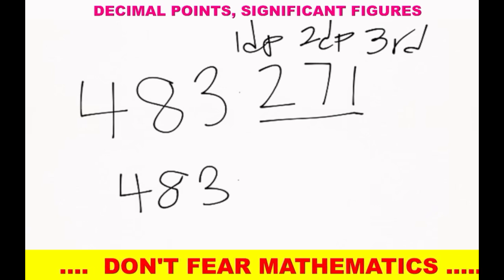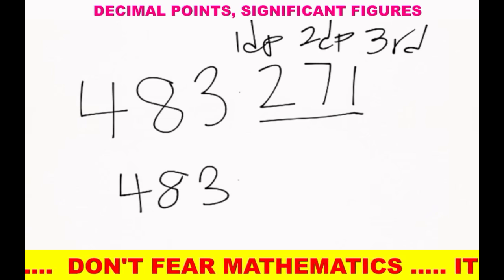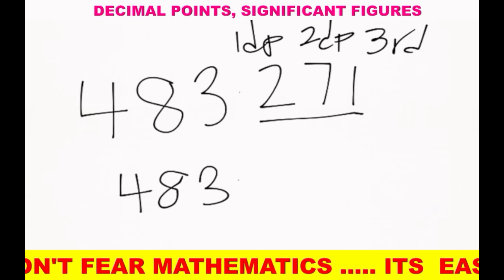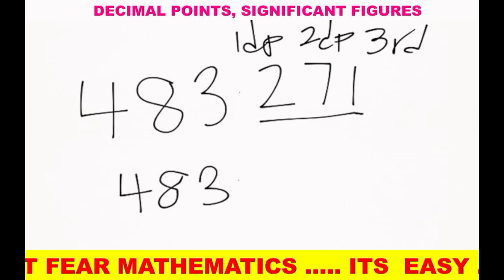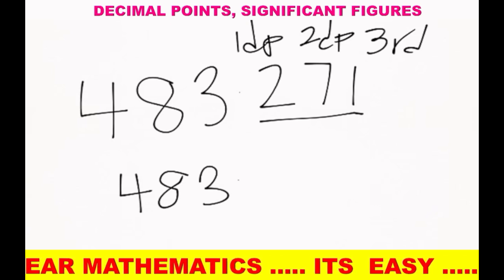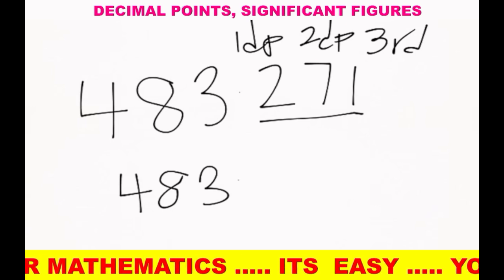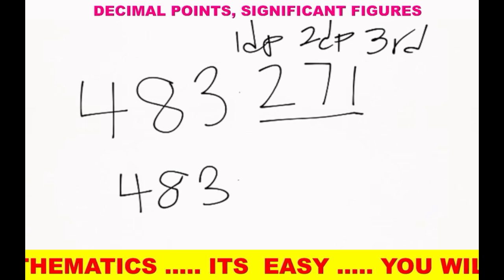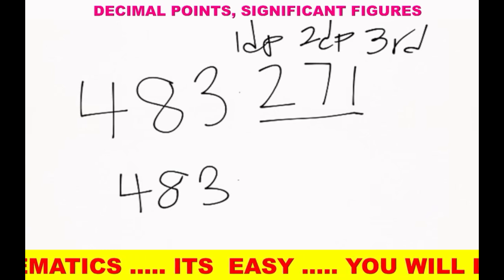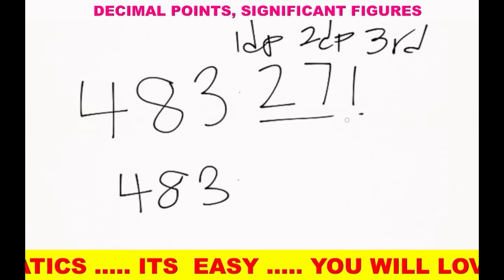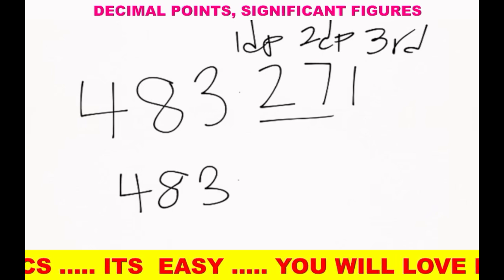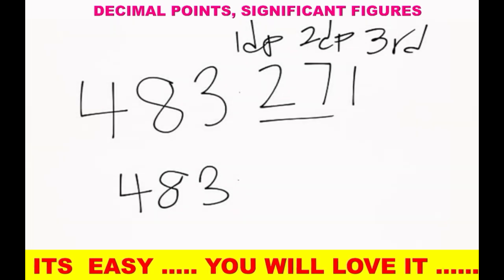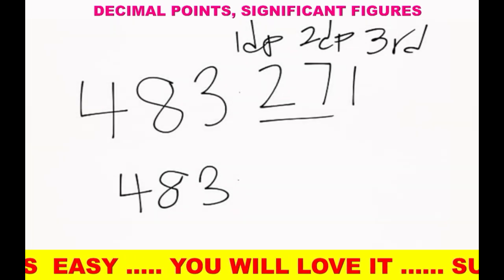After you bring your point, let's count. There are 3 numbers after the point. So how can we make it become 2? That means we have to consider the first 2 numbers after the point, and we have the 2 and the 7.